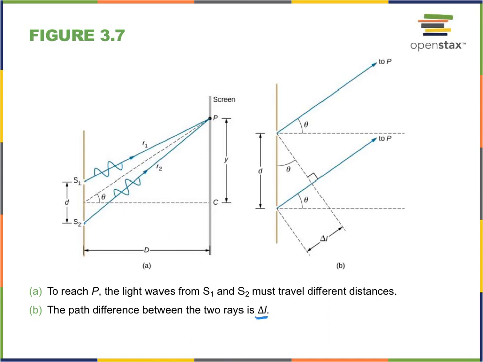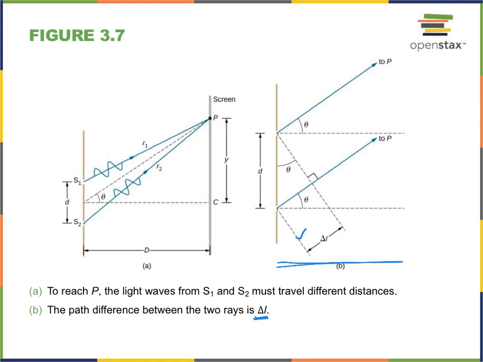We're going to call that difference in the path length delta L. Now, if we imagine that the slits are relatively close together, which they will be, and the screen is a much larger distance away, this picture becomes a pretty good approximation of what's happening.